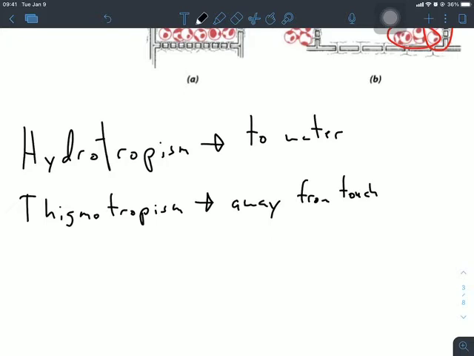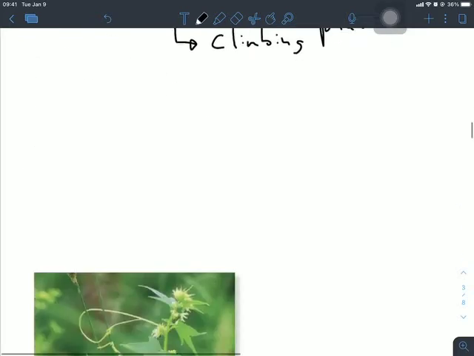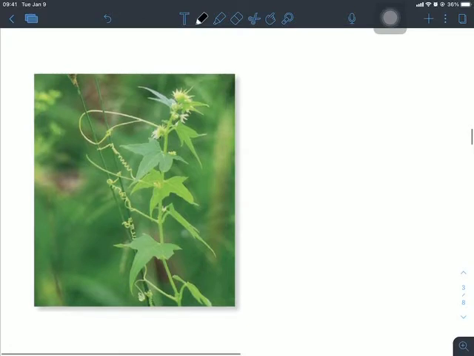Now, of course, thigmotropism is incredibly important in climbing plants. Any kind of vine, like this cucumber here. The thigmotropism that this vine uses is detecting where it can tie its tendrils around, and you'll notice the tendrils themselves are just spirals, right?